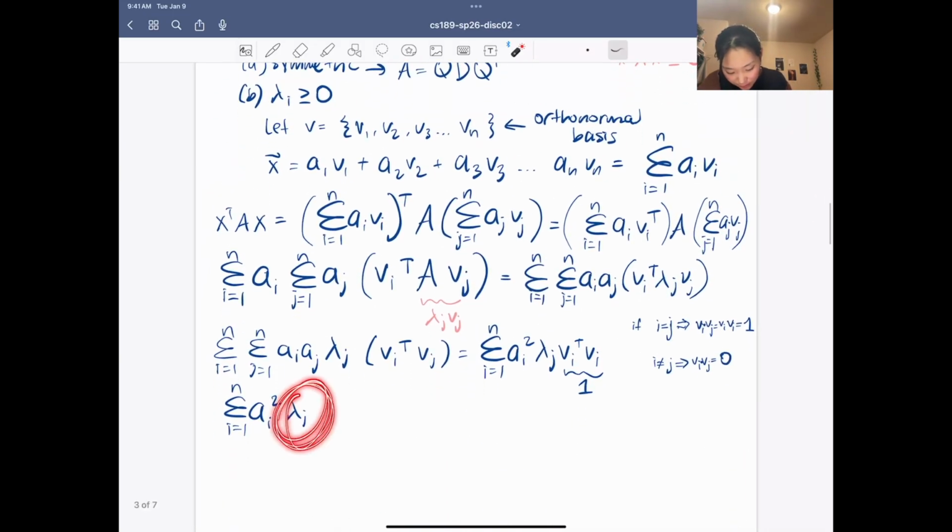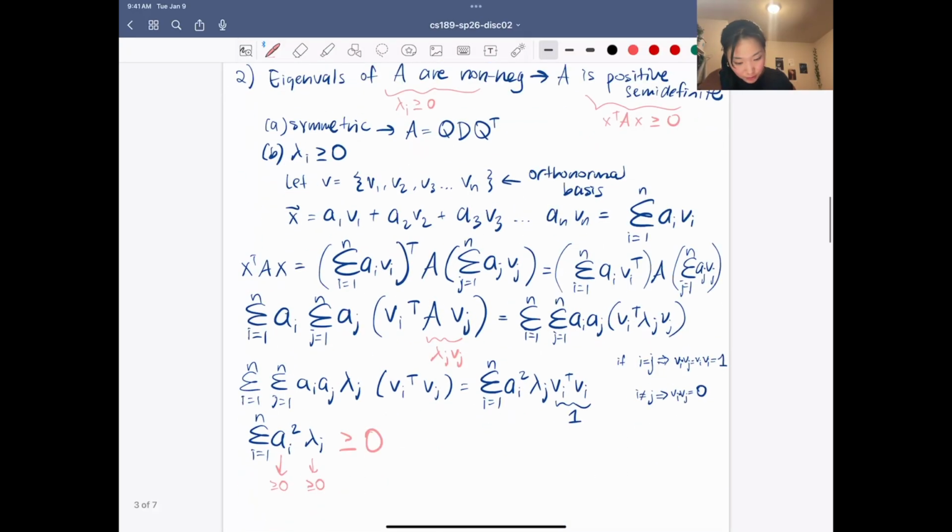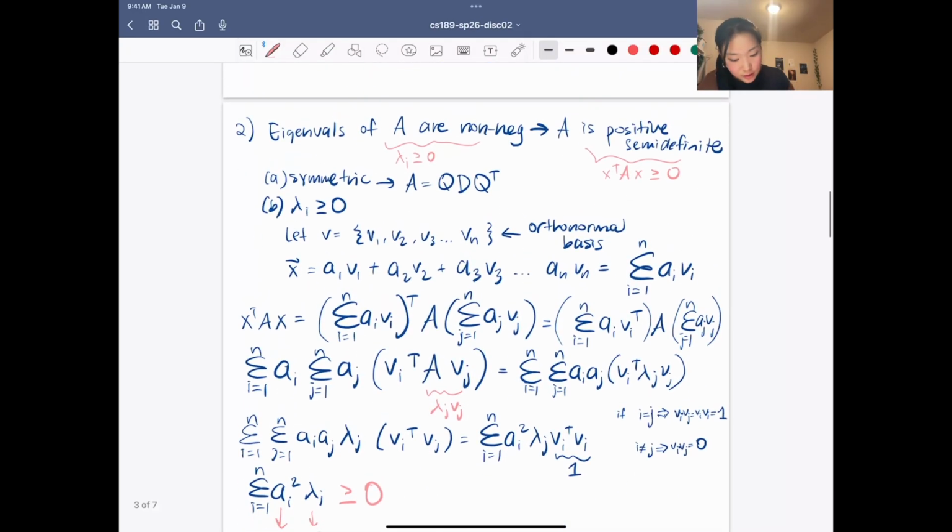Well, since lambda is greater than or equal to 0, and ai squared has to be greater than or equal to 0, because it's literally a square, then you know for a fact that this entire thing must be greater than or equal to 0. And so we've just shown that this matrix A is positive semidefinite, because we've just shown this, right?